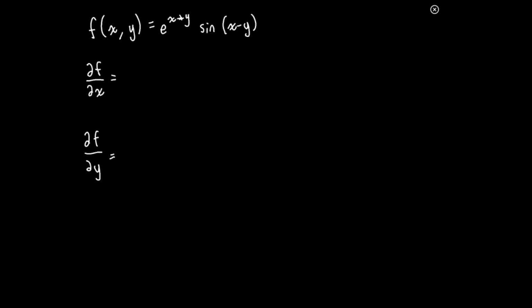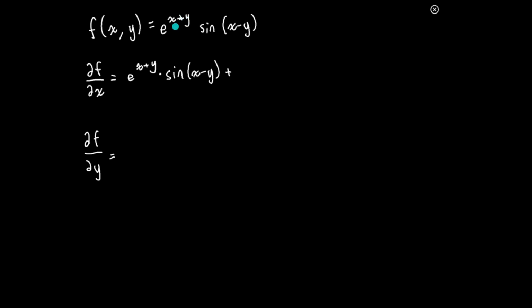So we can find the derivative here pretty easily with respect to x. So e to the x plus y, because y is a constant, and e to the x plus a constant, the derivative of that is just e to the x plus a constant, multiplied by, since we took the derivative of this first part, then the second part just stays the same, sine of x minus y, plus.